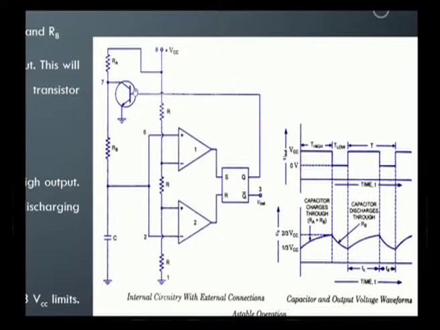This makes the transistor turn on, which helps in discharging of the capacitor. Whenever it reaches 1/3 of VCC, it starts charging again. So, this is how the astable operation of a 555 timer works.